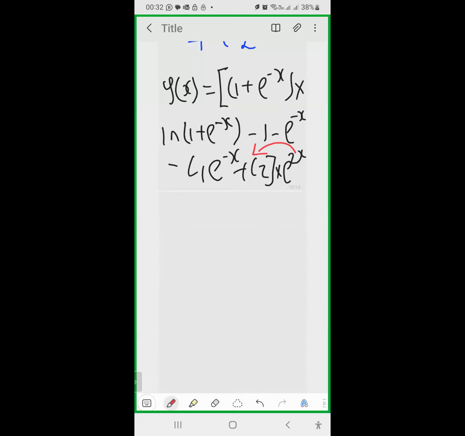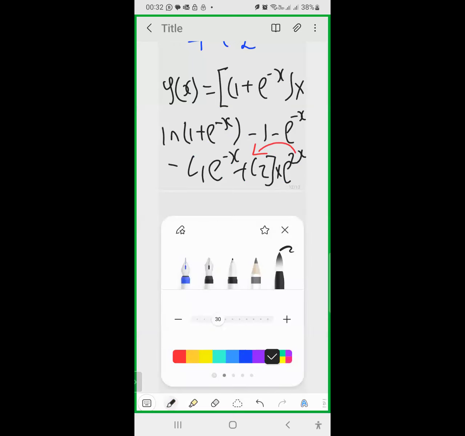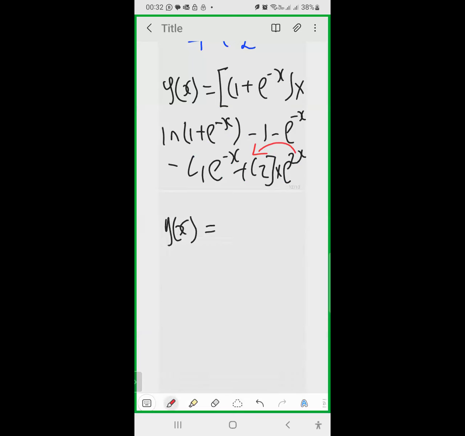So y of x is going to be equal to, check this, when I multiply this by 1, we get e to the power 2x, which we then multiply by ln of 1 plus e to the power minus x.